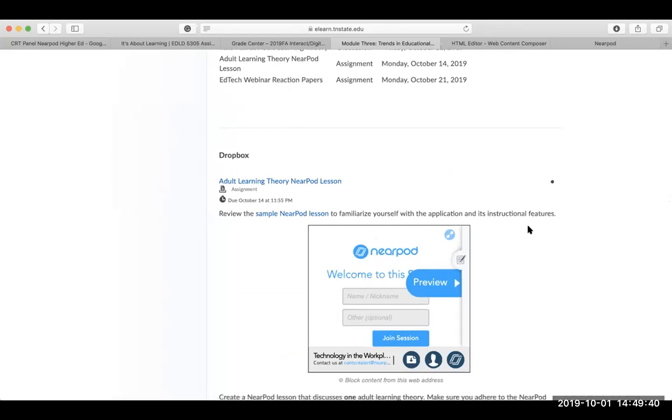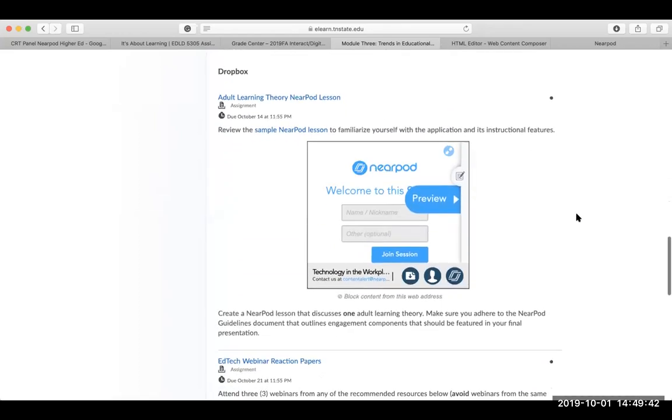We have a resource on the Nearpod lesson. We have a focus assignment in which you are going to look at one adult learning theory and design a presentation that engages us, or engages me as a reviewer, in terms of how you would explain and help us to learn about that particular theory using Nearpod.